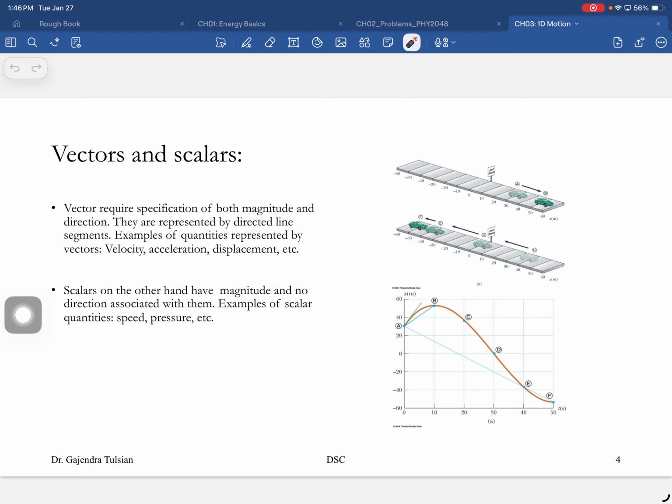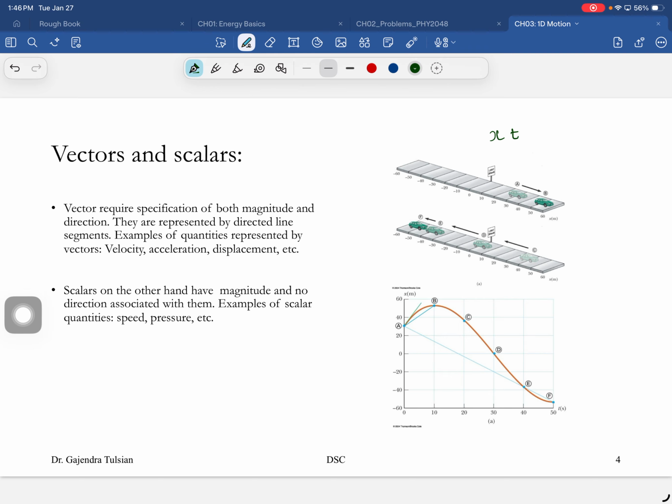This function tells you where the object will be located at all times. At t equal to 0 seconds, it's at 10 meters. At t equal to 1 second, it's 15 plus 7, 22, 30, 40 meters, and so on. You can calculate where it is at all times, so you have a complete description of the motion.